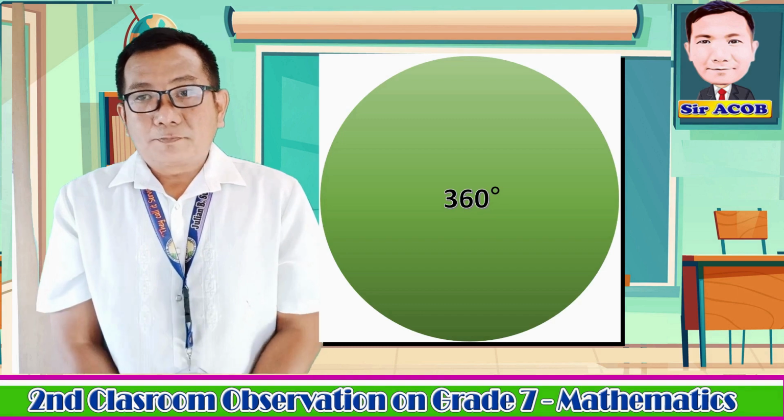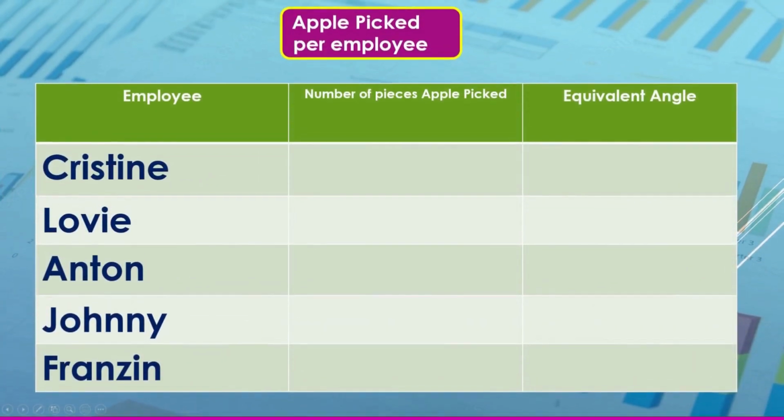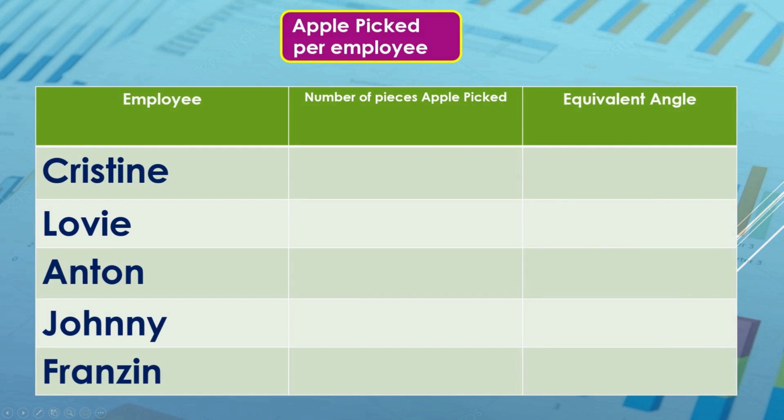And now, let's say we have a problem here. We have 5 employees. They are apple pickers. So they pick apples. Their names are Christine, Lovie, Anton, Johnny, and Francine.